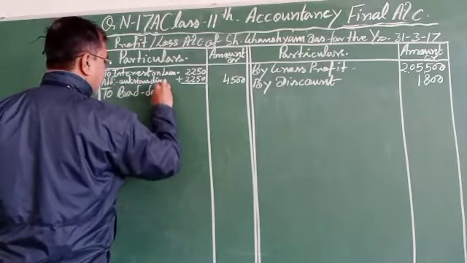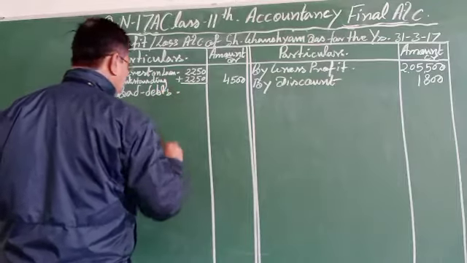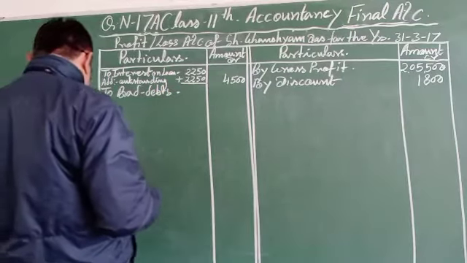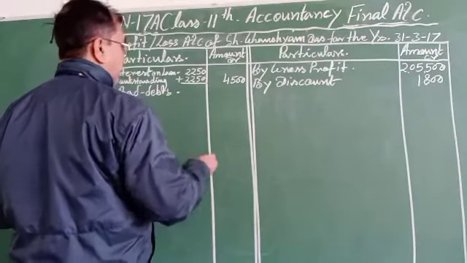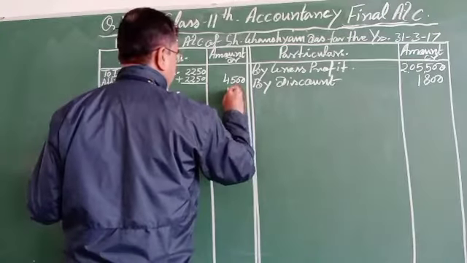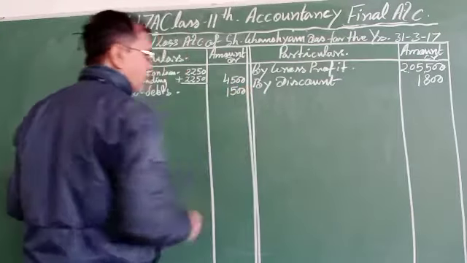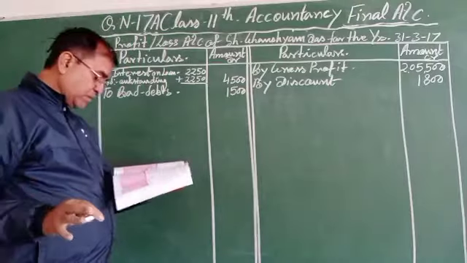No additional information given for the debtors, so we can write the bad debts 1,500. That is given 1,500.